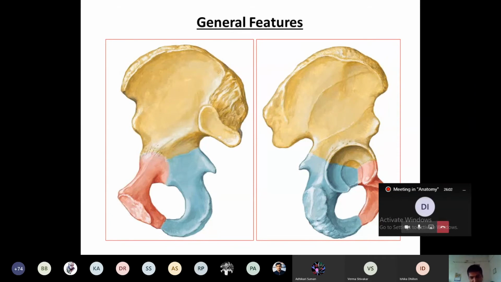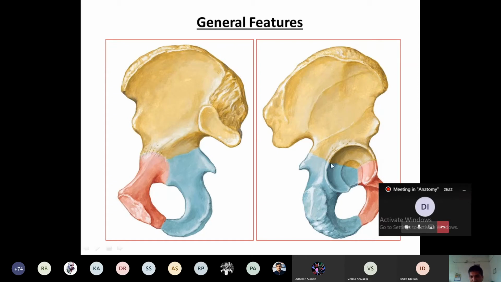Like this, some sexual dimorphism we can do. These sexual differences we will study later in the bony pelvis in the third semester. For your first year examination, sexual dimorphism at present is not required, so I will not elaborate these things.